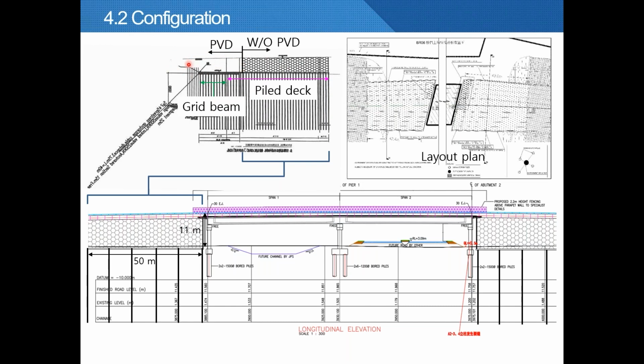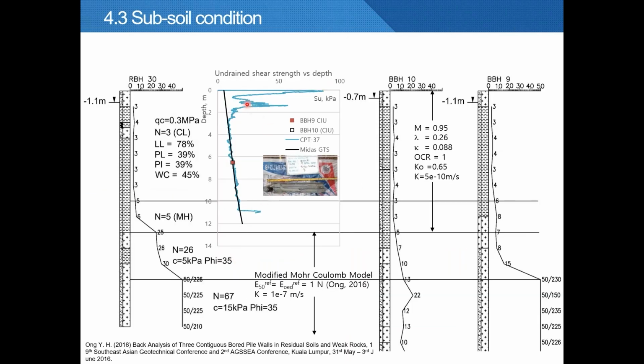The earth embankment was reinforced with high strength geotextile, and below the embankment, there are PVD. The extent of the reinforced soil wall is 50 meters. The soft clay is about 10 meters thick. The undrained shear strength of the soft clay is about 10 kPa and increases with depth to 20 kPa.